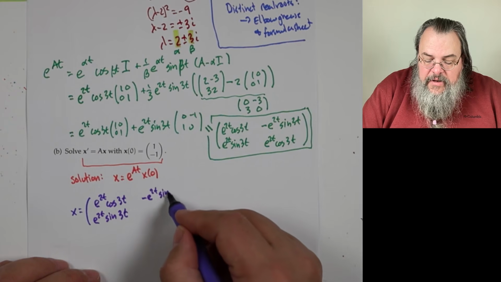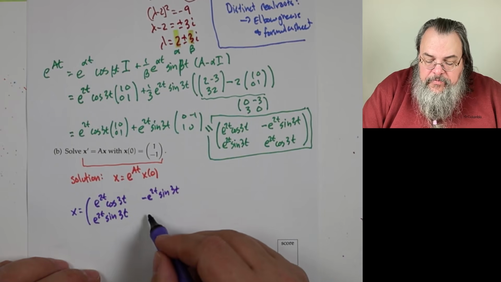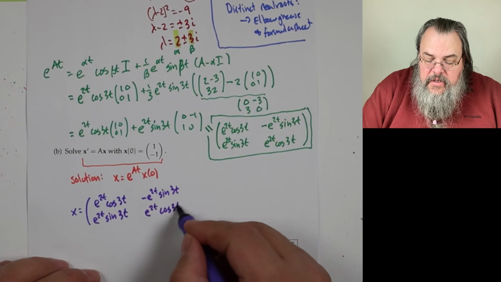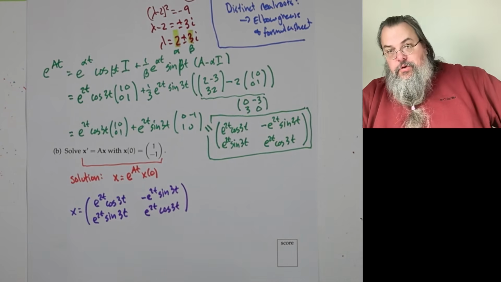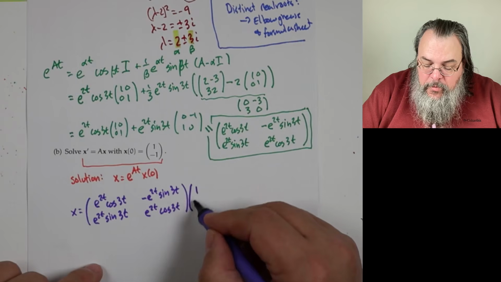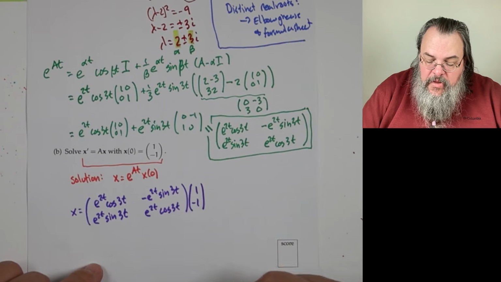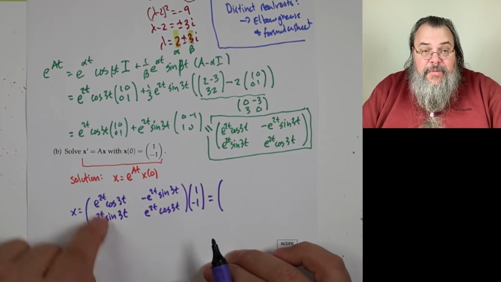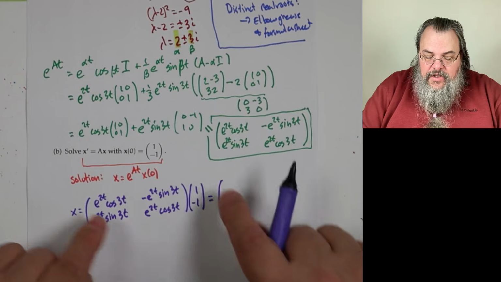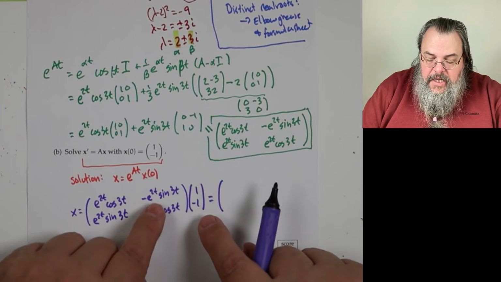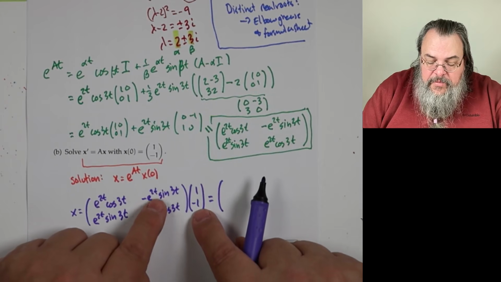So I'm copying down e to the At. So here's my e to the At. It's a lovely looking expression. Now I'm going to copy down my x0, (1, -1), and now carry out the matrix multiplication. This is a 2 by 2 matrix, so we're going to end up with a vector. So e to the 2t cosine 3t, and then we're going to have minus 1 times that minus.